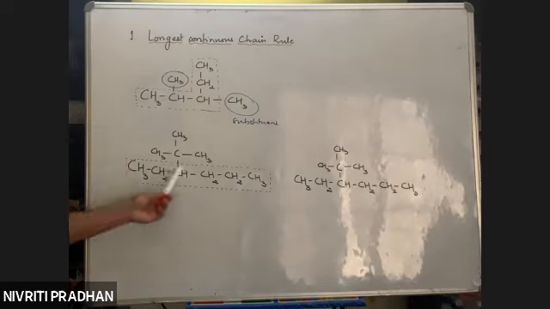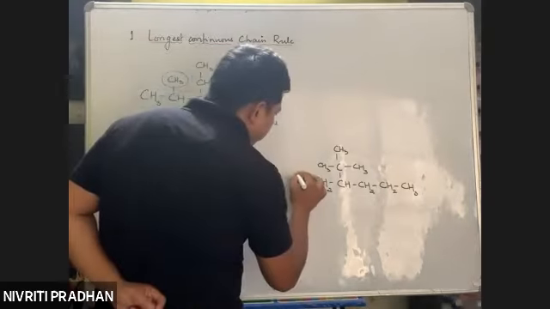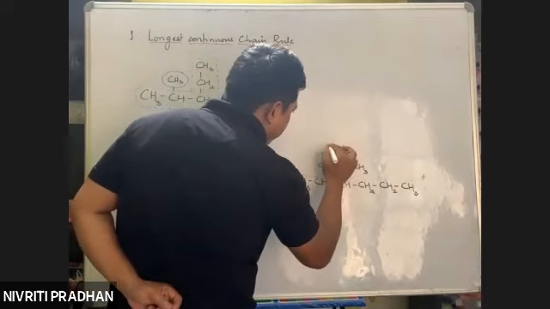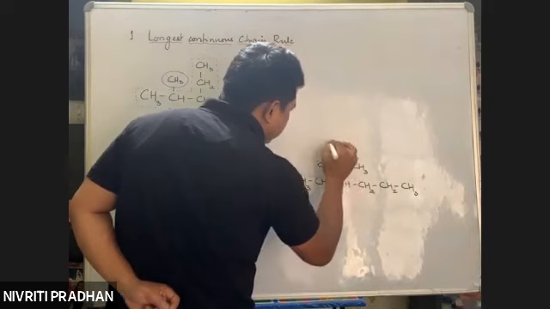Now there are 6 carbon atoms, but you might argue, why not this one? Don't we consider this as the longest continuous chain? This also contains 6 carbon atoms.